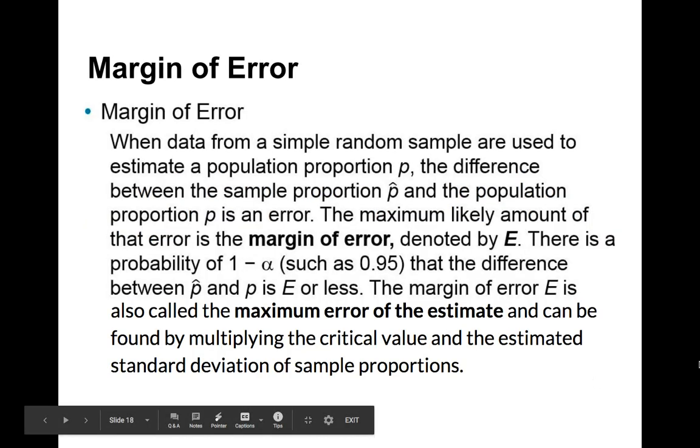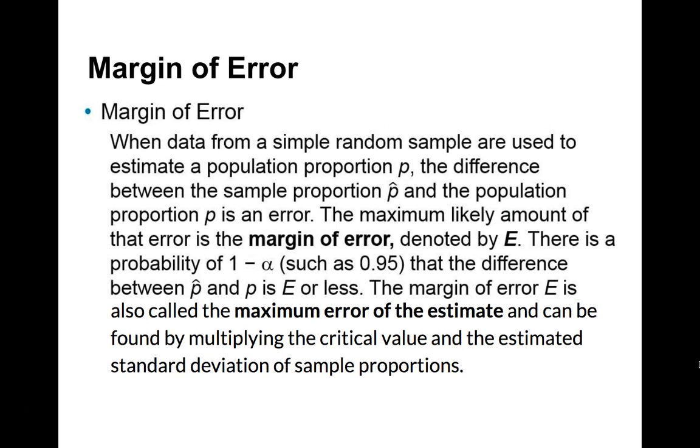All right. Now, we use these critical values to calculate the margin of error. If you think back to when we first had that 0.43, I said, I don't know, are we off by 10% or 1%? That would be our margin of error. And that is what we use to create this interval, okay? So the margin of error is based off of our critical value and our sample proportion.